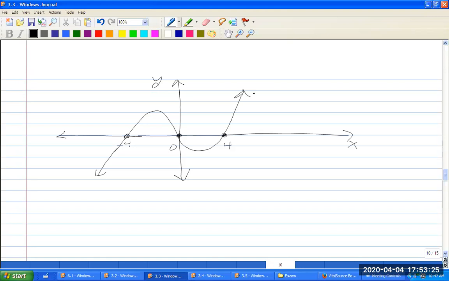And so this is a graph of y equaling x to the third minus 16x. This goes, I should have gone even further down. It's not growing fast enough. Okay, there, that looks a little bit better. So that's what the sketch of the graph looks like.